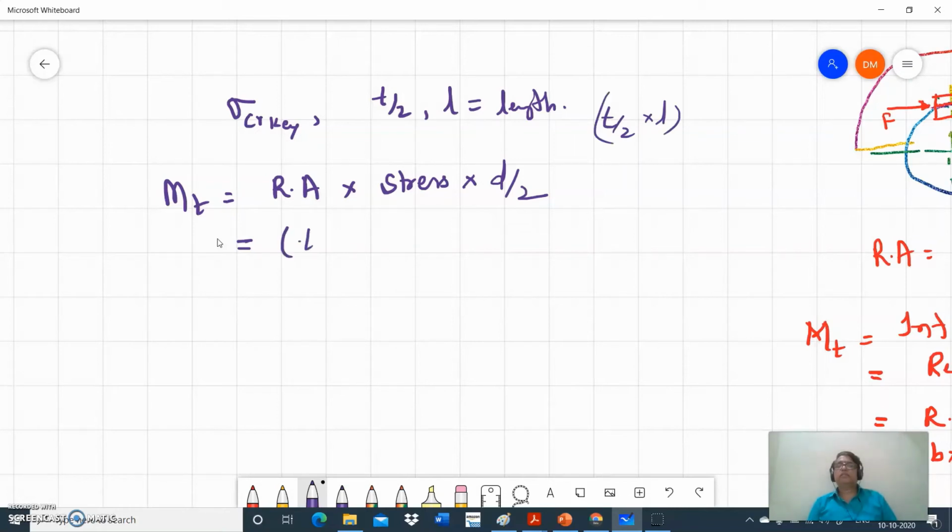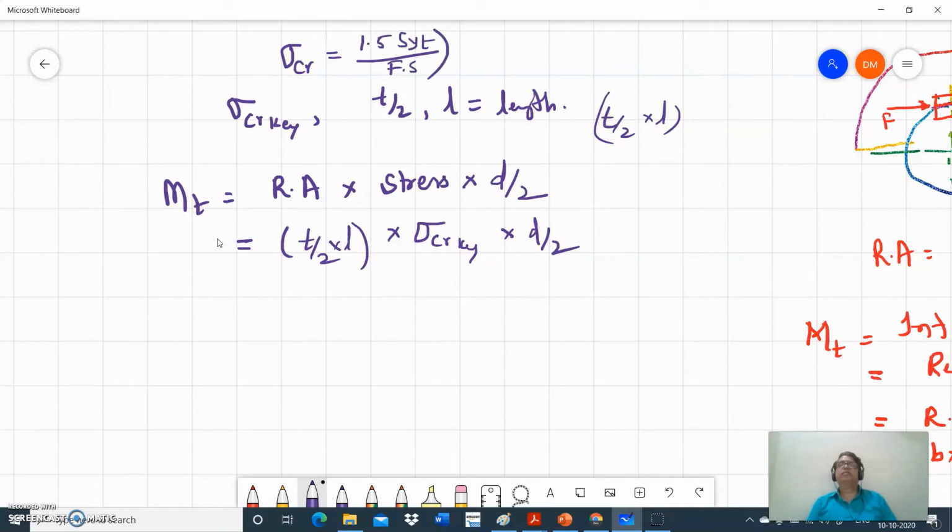So that is T by 2 into L into stress, which is sigma CR for the key, into D upon 2. The crushing stress normally is 1.5 of SYT upon factor of safety. The materials are different, so in that case, I have to find out the crushing stress using this.